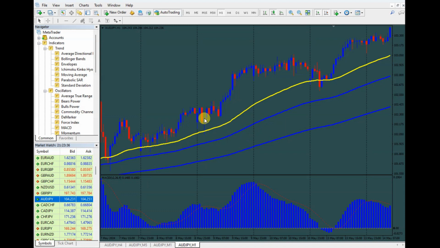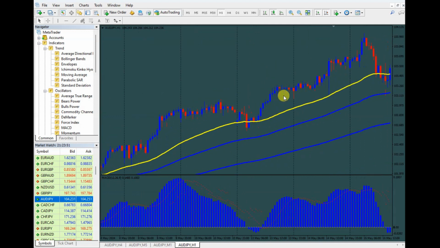Here again, the price goes below the 50 EMA and closes above the 50 EMA, so we open another buy trade. Here again, the price goes below the 50 EMA and closes above the 50 EMA, we open a buy trade.